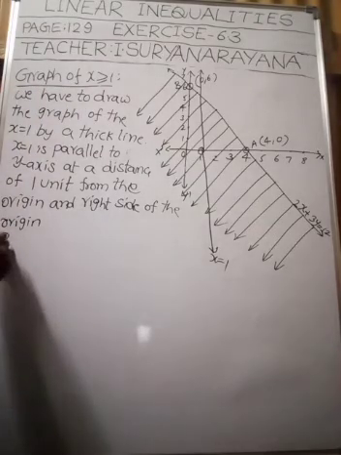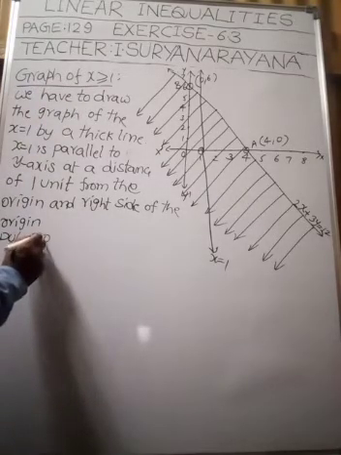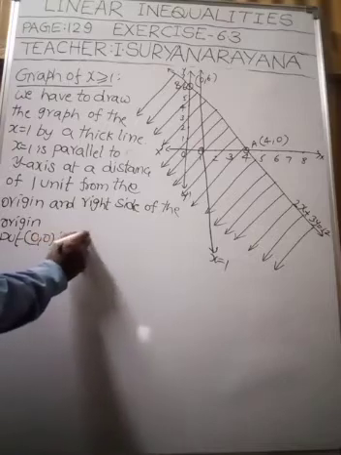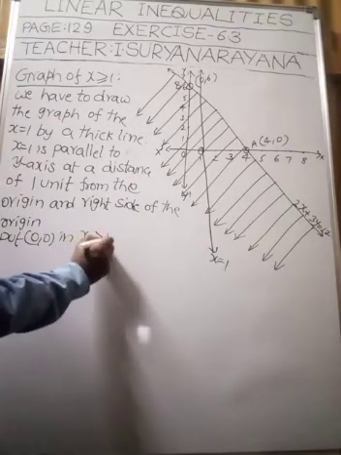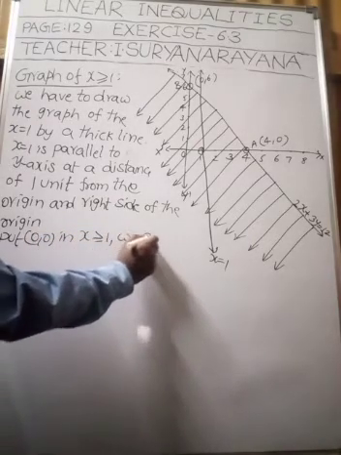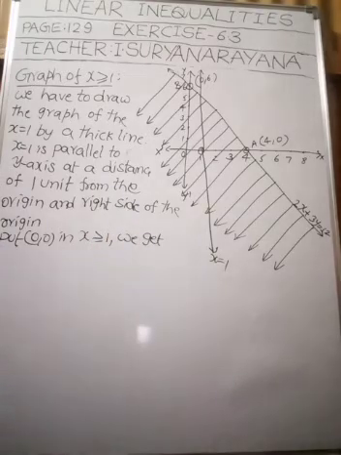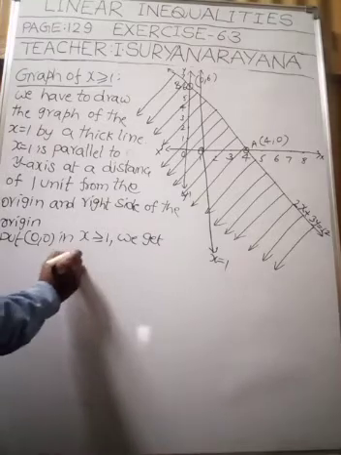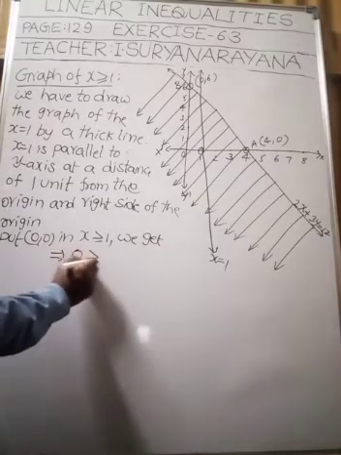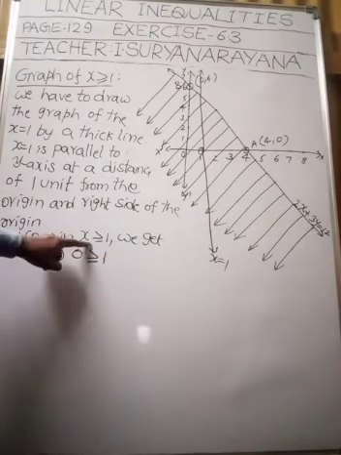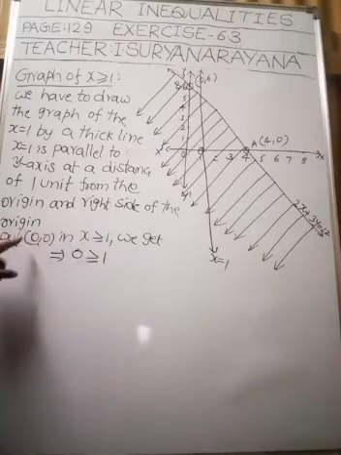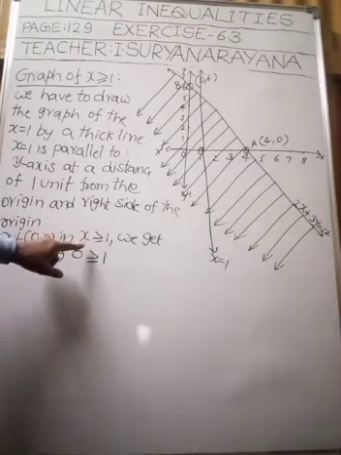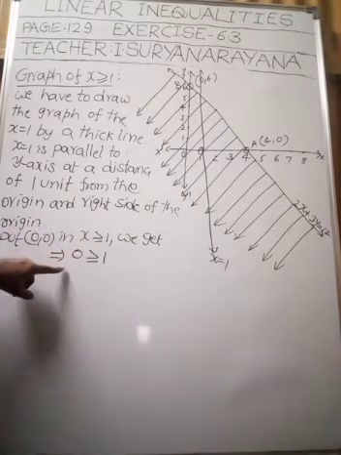Put 0, 0 in x greater than or equal to 1. Now let us verify whether we are getting a true statement or a false statement. In this inequality we are substituting x is equal to 0, and if y is there we substitute y is equal to 0. Understood this point, my dear children?